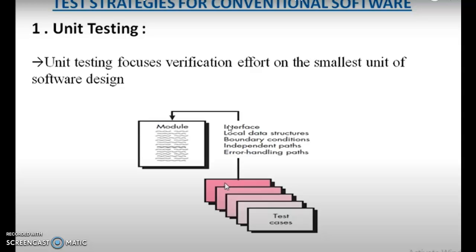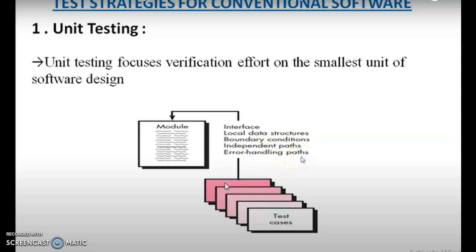The boundary conditions are also tested to ensure that the module operates properly at boundaries established to limit or restrict the processing. And the error handling paths are also tested.